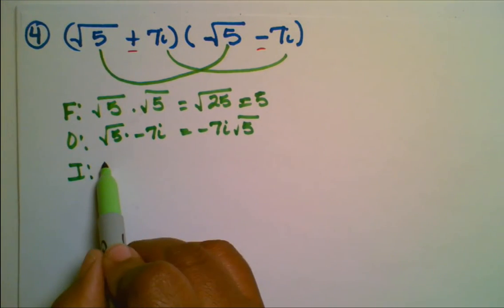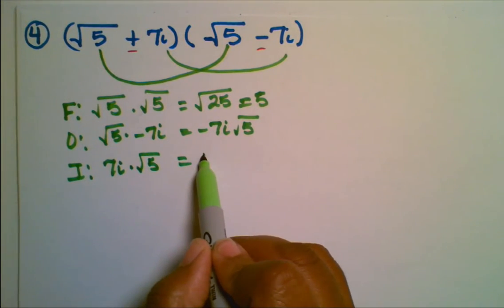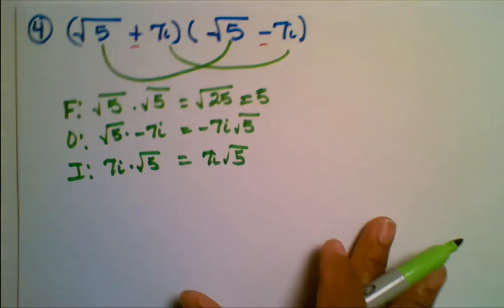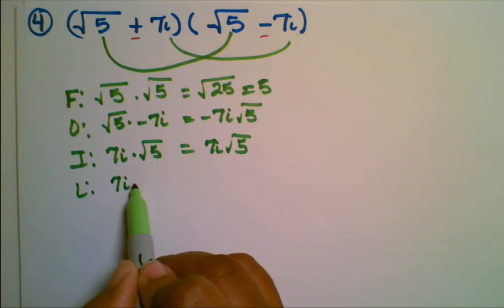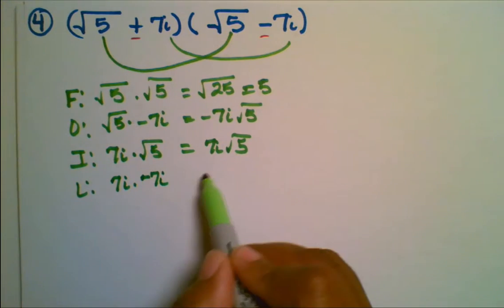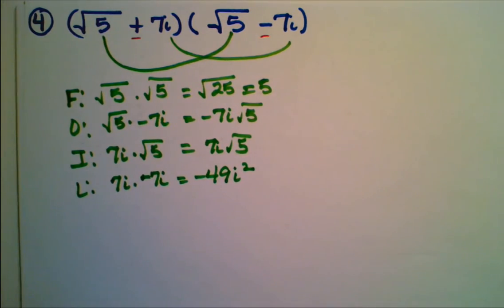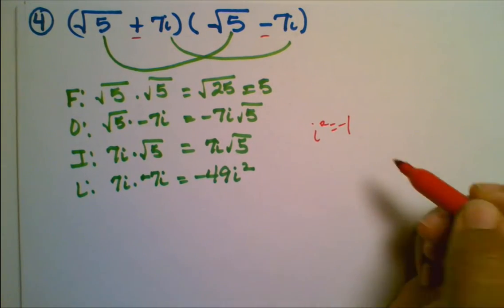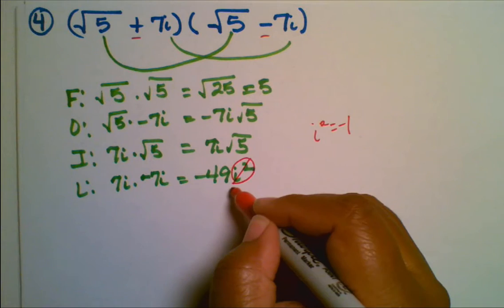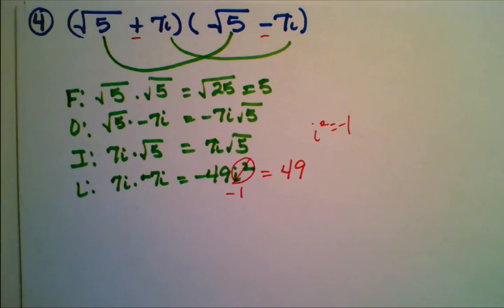Inside terms, 7i times the square root of 5, that gives us positive 7i square root of 5. And then lastly, we have 7i times negative 7i. That's negative 49i squared. Every time I see i squared, it gives us negative 1. So that negative 49 will become positive 49 because we're times the negative to the negative 49.